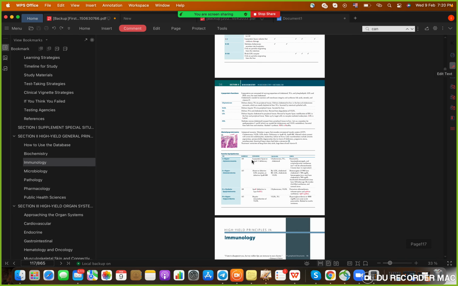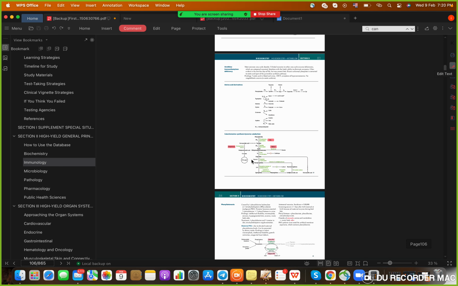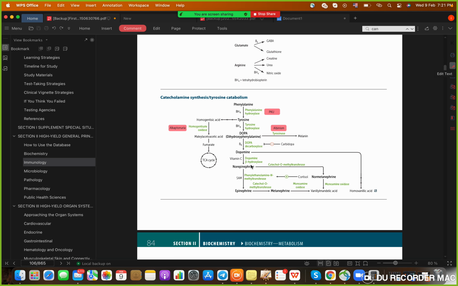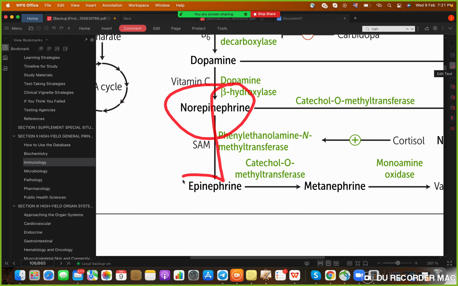In the biochemistry chapter, metabolism, we are going to discuss one graph of phenylalanine metabolism. One of the last steps here is norepinephrine getting converted into epinephrine. For this conversion to happen, we need an enzyme with a weird name that you don't have to know, but that enzyme is worked out by cortisol.